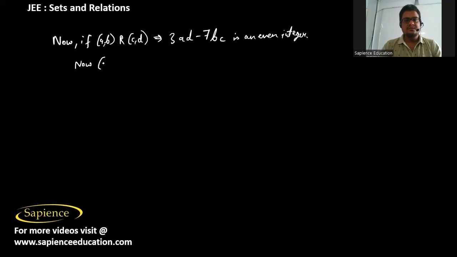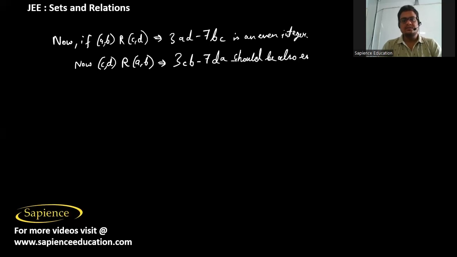Now if (a, b) is related to (c, d), it means that 3ad minus 7bc is an even integer. Now, if (c, d) also is related to (a, b), it means that 3cb minus 7da should be also even.